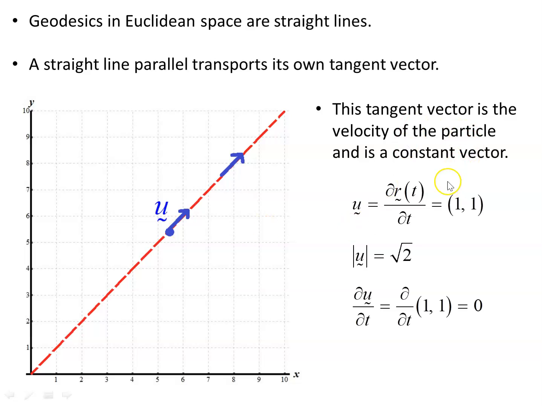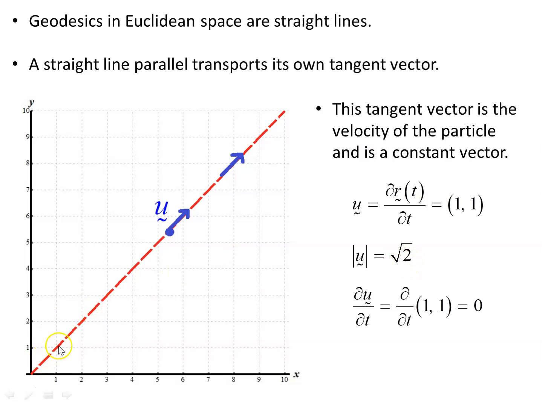And so in the case of our particle in Euclidean space, the tangent vector is the velocity of the particle, and it's a constant vector. So if we take the partial derivative of the position vector, which traced out its path, then dr/dt gives us this constant (1, 1). The magnitude of this is square root 2, so the magnitude is fixed.